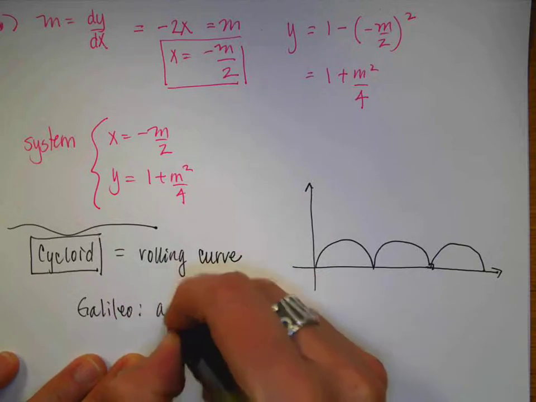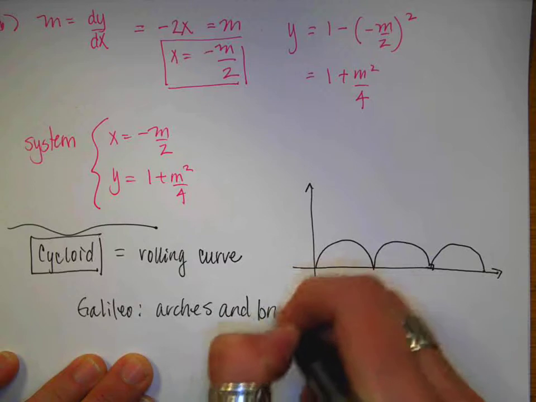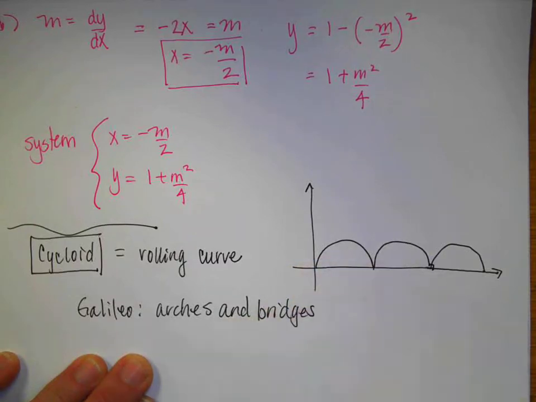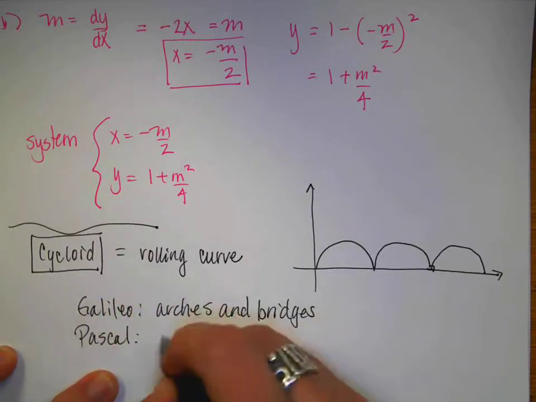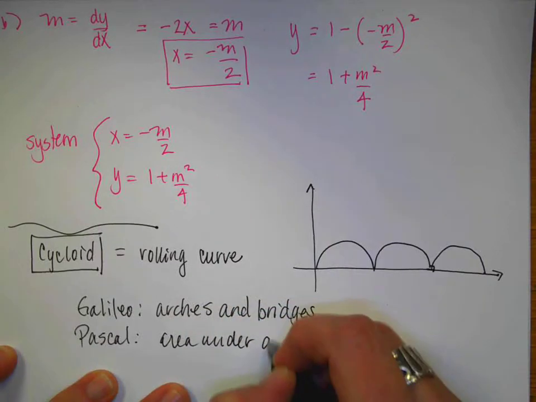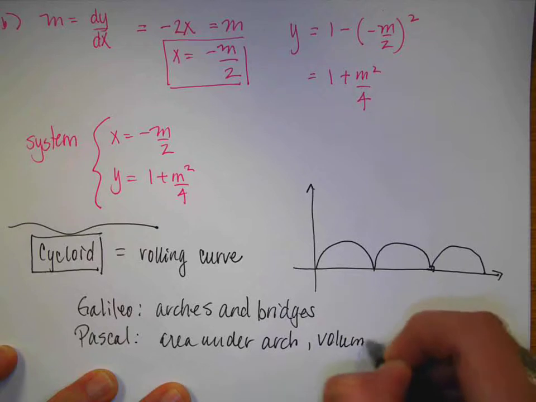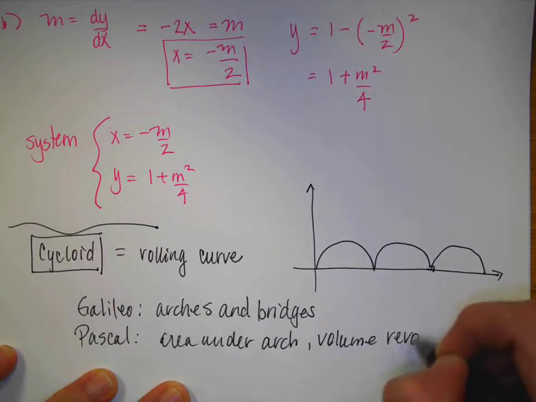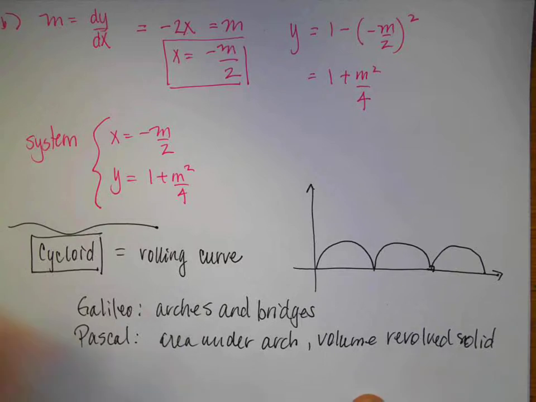Well, Galileo used these to talk about arches and bridges, which means then we get to start doing some calculus on those. And then Pascal used these to talk about the area under an arch, and then he talked about the volume of the revolved solid.